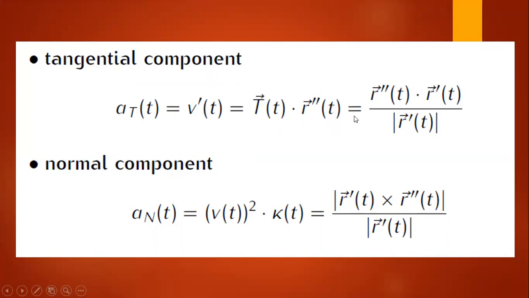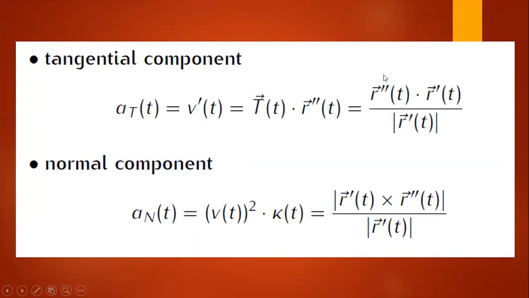Substituting T of t as r prime over the magnitude of r prime, dotted with r double prime, gives the tangential component.